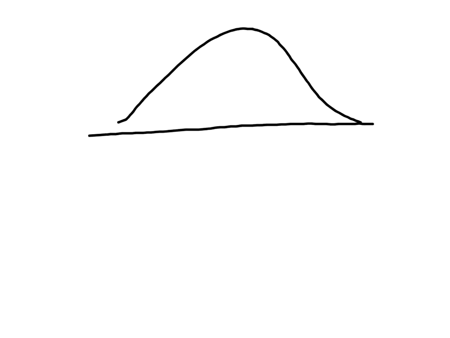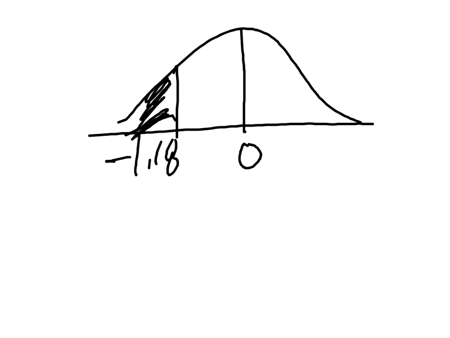The last thing they do, and I'll turn this back into z-value terms here, is they find the area associated with minus 1.18, and it turns out that area is equal to 0.1190.